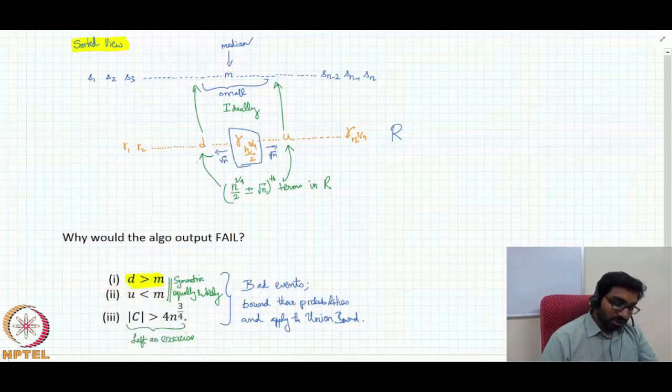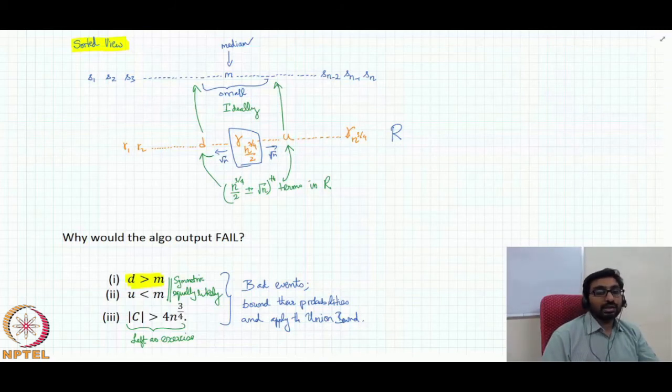The element D that we choose according to the algorithm turns out to be larger than M, meaning in the sorted view of S, D appears to the right of M. Then that would be a bad event, because now what we wanted was D to be to the left of M, U to be to the right of M. Similarly, the second event is just capturing the mirror image, where the bad event here is that U is less than M, which means it's appearing to the left of M in the sorted view of S. So both of those are bad.